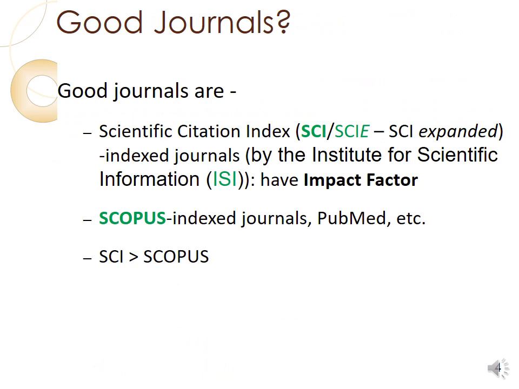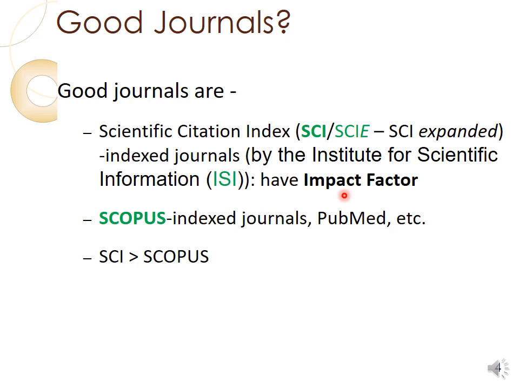Journals. Globally, SCI indexed or SCIE indexed journals or Scopus indexed journals are considered good journals. SCI indexing, and a later part SCI Expanded, which ultimately turns into SCI indexed journals by ISI, have impact factors like point something or 1, 2, 3, and the impact factor will vary from area to area.